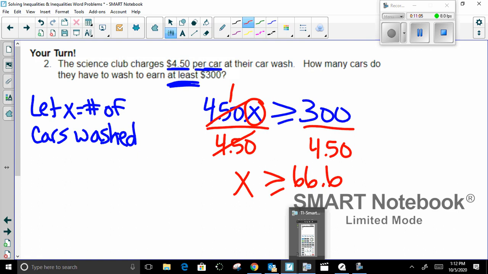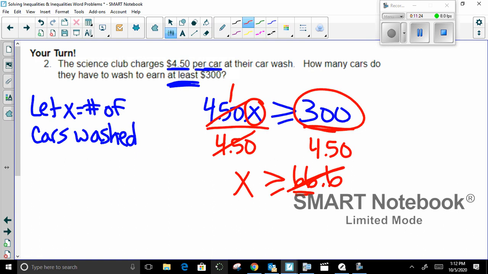Can you wash 66.6 cars? You can't. You can't wash 0.6 of a car. But if I only washed 66, I wouldn't make enough. So in this situation, I actually have to round that up to 67. So the number of cars needed to be washed is 67.